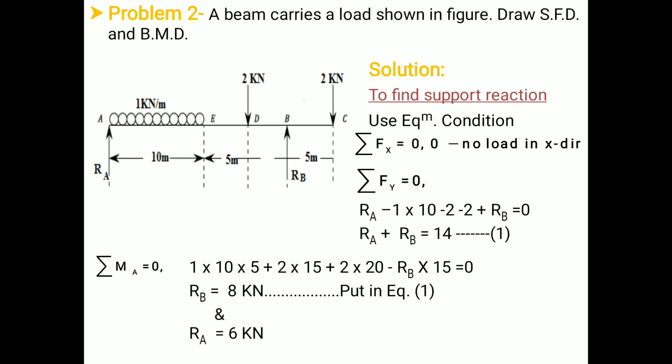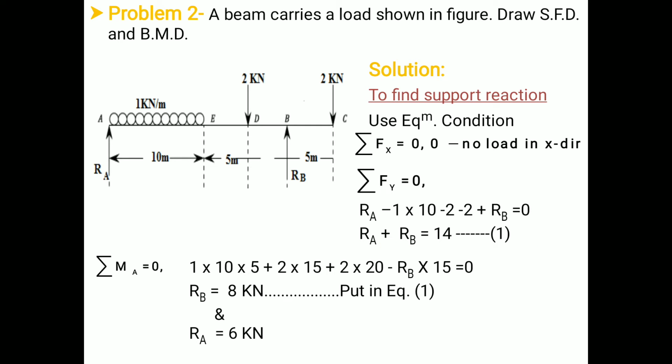Similarly, minus 2 kN and minus 2 kN both are acting in downward direction, and plus RB, that is reaction at B, acting in upward direction, and the sum of it is equal to 0. After solving it, we have RA plus RB equal to 14 kN. This is equation number 1.